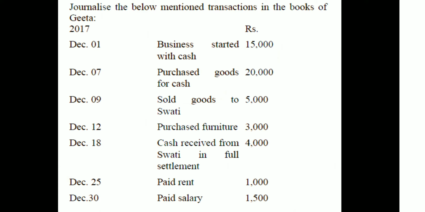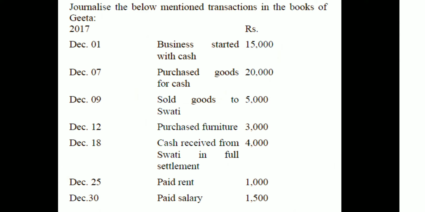December 12, purchased furniture 3,000 rupees. December 18, cash received from Swati in full settlement 4,000 rupees. December 25, paid rent 1,000 rupees. December 30, paid salary 1,500. These are the transactions. Now we will see how we can enter them in the journal.